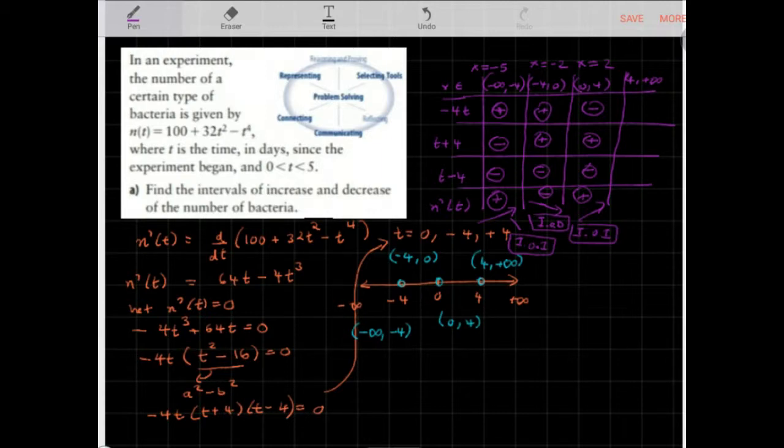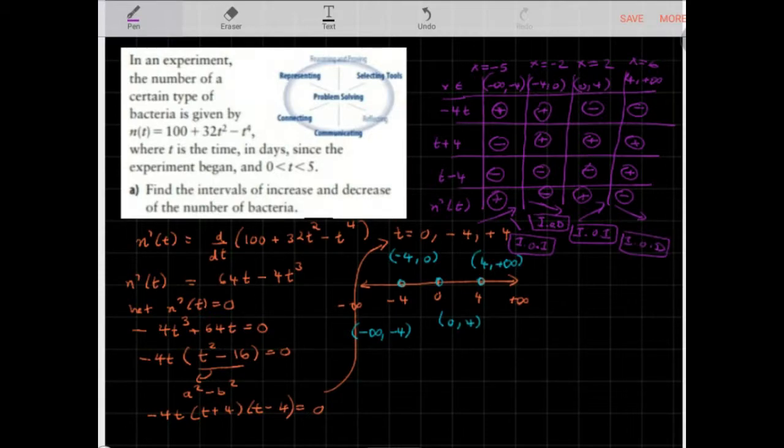Now between the next interval, 4 and positive infinity, I'm going to let x equal 6. You get negative, positive, positive, and that's going to give you a negative. So this indicates an interval of decrease.